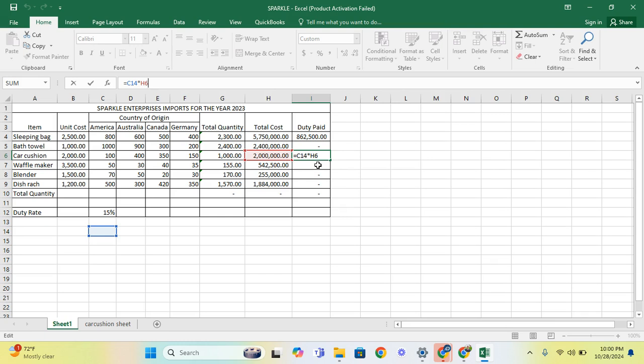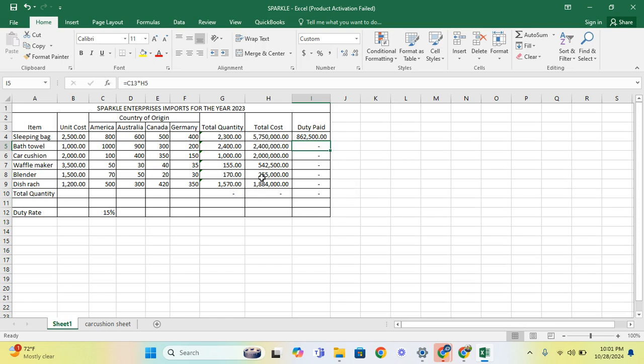So for us to be able to get the correct answers, what we are supposed to do is use absolute cell reference. An absolute cell reference is just a method of writing a formula in a spreadsheet document in such a way that copying that formula to another cell does not change it. If we use an absolute cell reference, this will allow us either to lock the row, or we can decide to lock the column, but also we can decide to lock both.